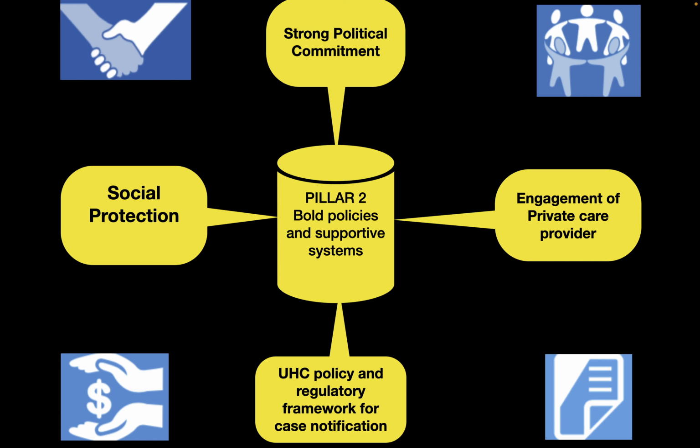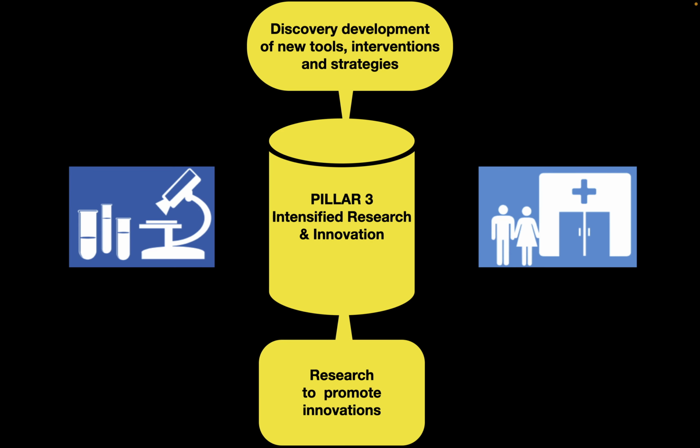And can we have a universal health coverage policy which will give a boost to TB elimination, where everyone should have access to TB treatment and prevention and other diagnostic care without financial hardship? That is very important.